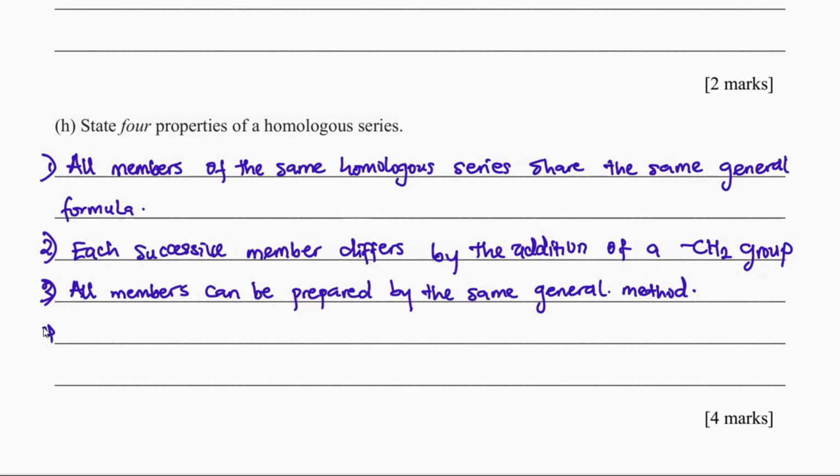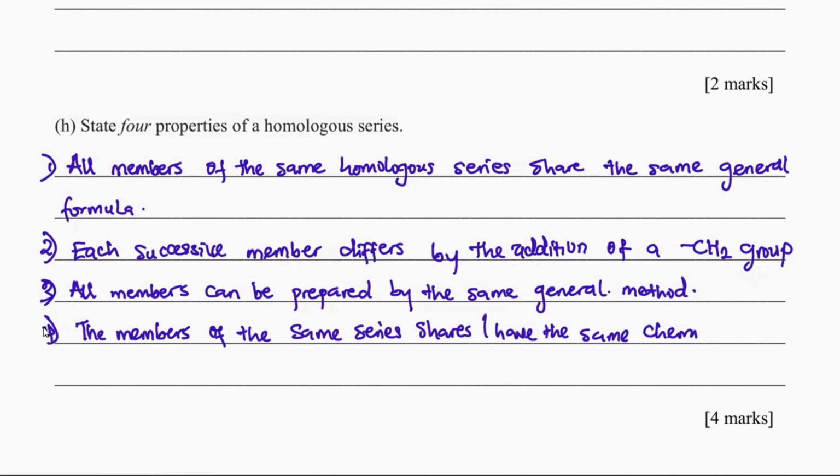So the last one is the members of the same series share, or we can say have the same chemical properties. And once again, that's because they have the same functional group.